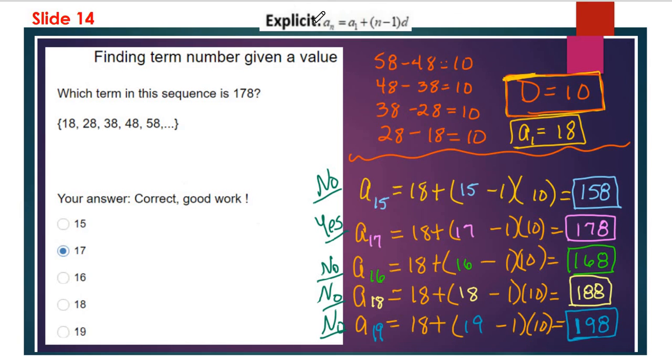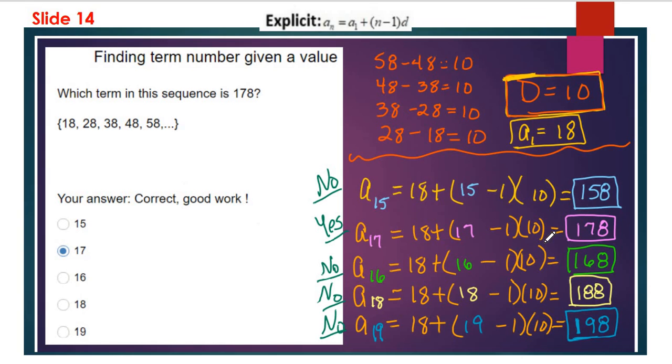So now take this information and write it in an explicit formula right here. And then once you have it, you're going to substitute these numbers right here in place of the n right here. And notice I have replaced it. Once you have written it in the explicit formula, you're going to take the 18 plus and put all of this right here all at one time in the calculator, and you see it gives you 158.